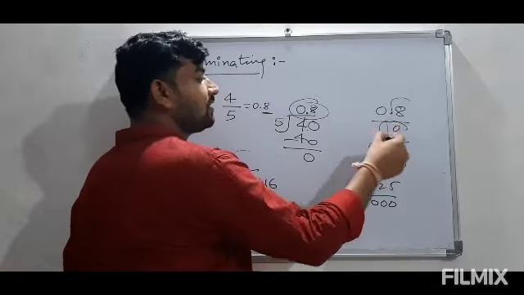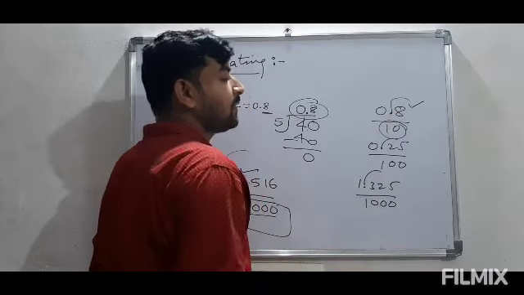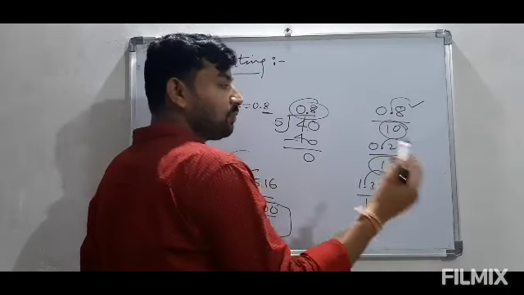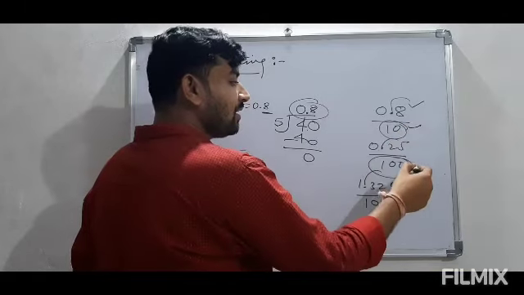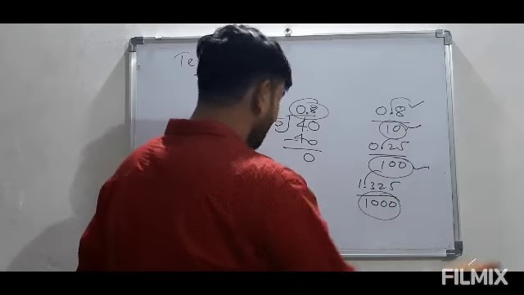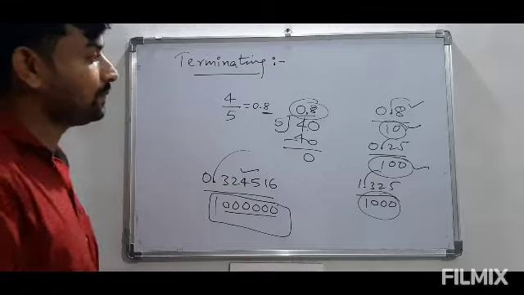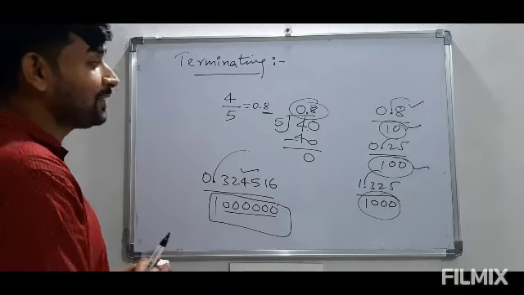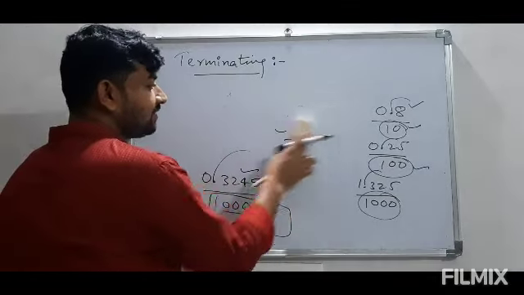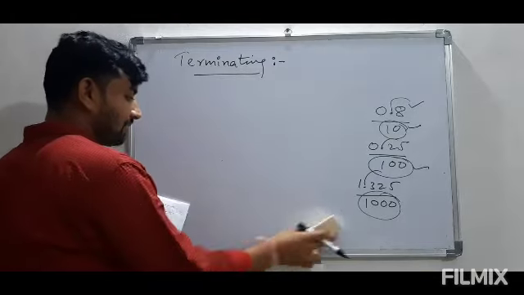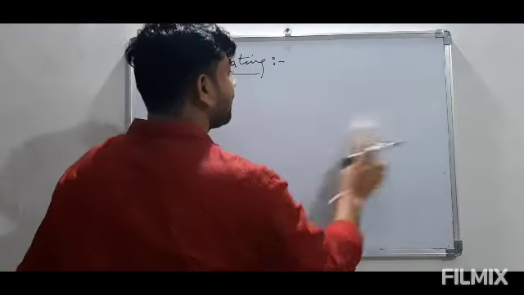Means if it is a terminating decimal, then in the denominator we have only a special kind of number, that is 10, 100, 1000, 10,000, and so on. Now, when we look at the denominators of all these numbers, there is a uniqueness in it that we have to discuss.